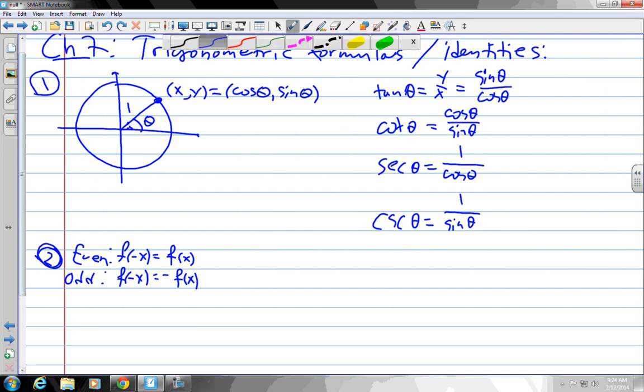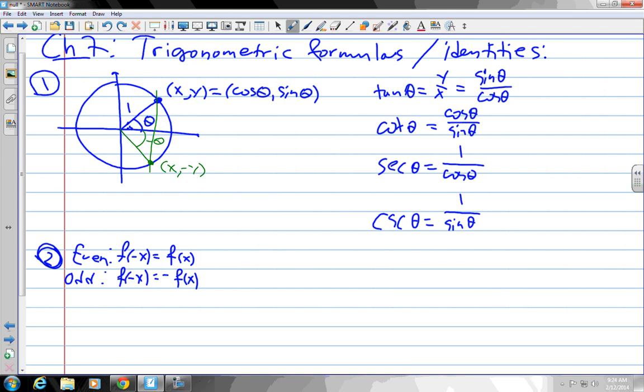So here's the negative theta, right? Well, now look, if I look at the positive theta or negative theta, the x value stays the same. Do you agree with that? The x values of these 2 points stay the same, right? The y values change.